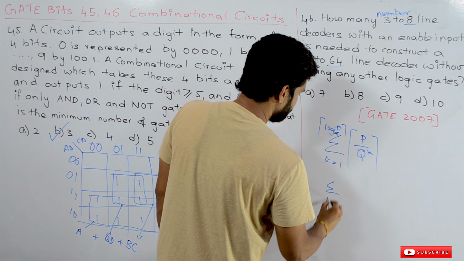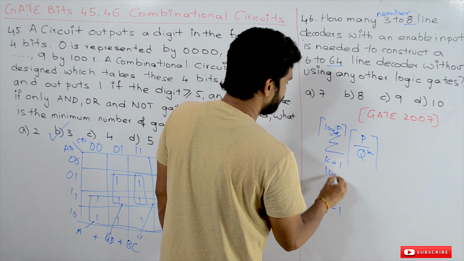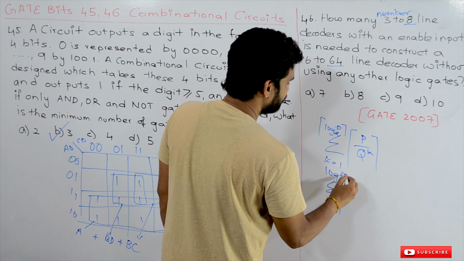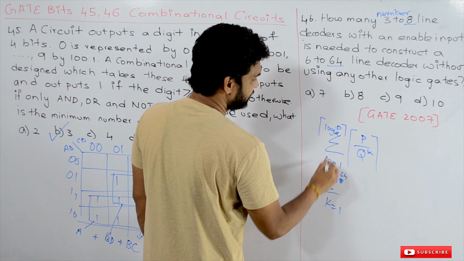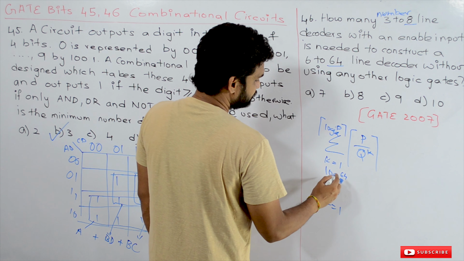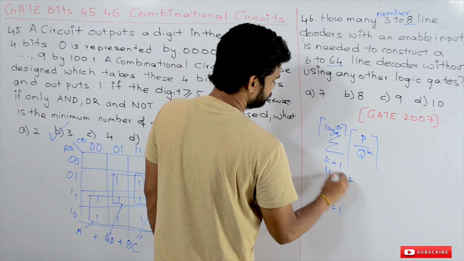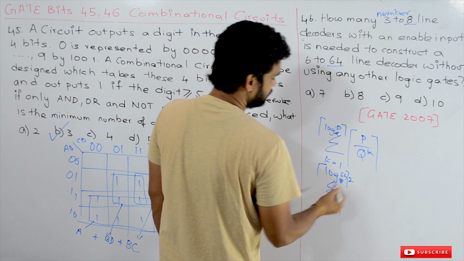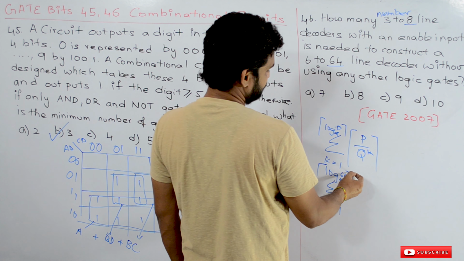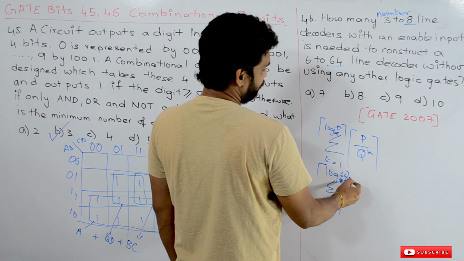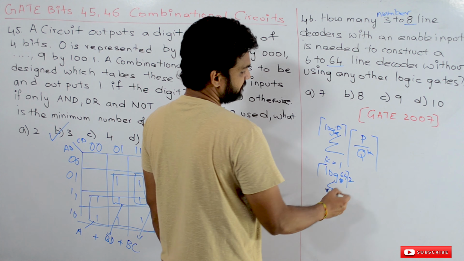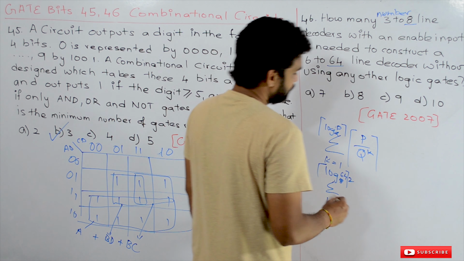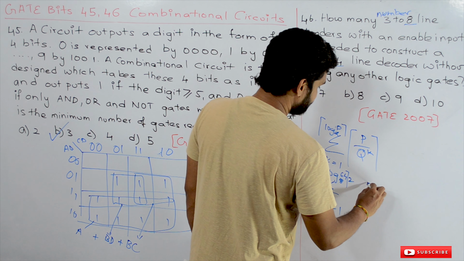So k is equal to 1 to log 64 base 8. It is going to be 6 by 3, which is 2.